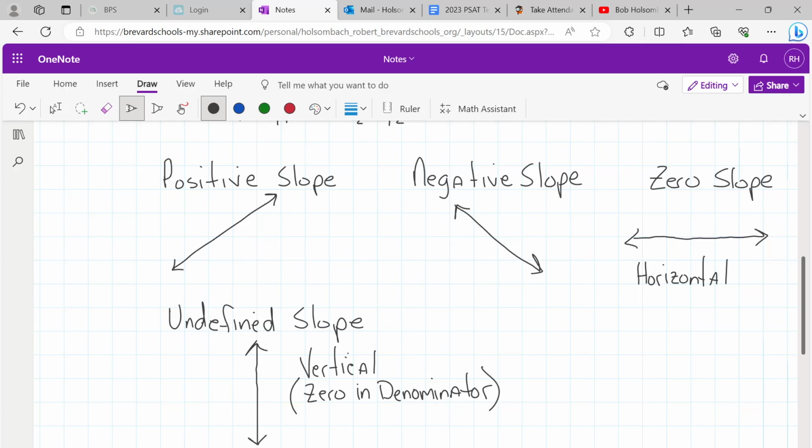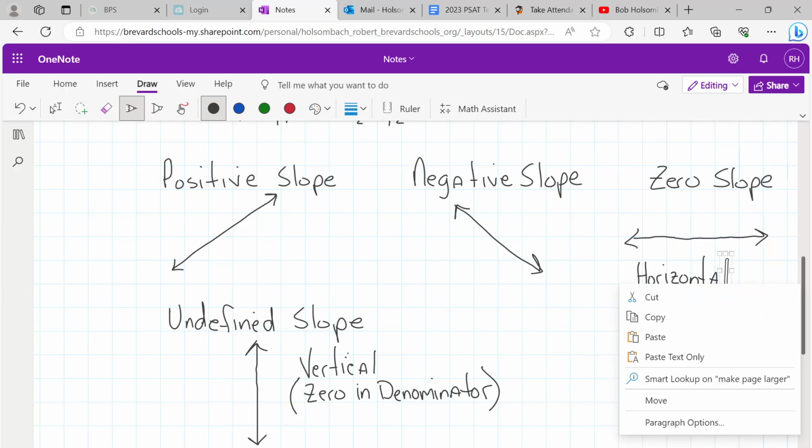All right, so let's look at the top of page 191 now. Because the next thing we're going to do is use the slopes of lines to determine the relationship between the lines.